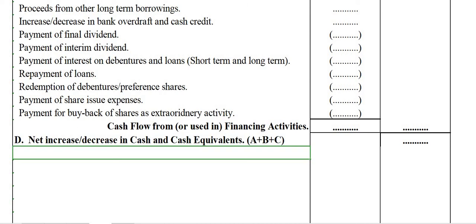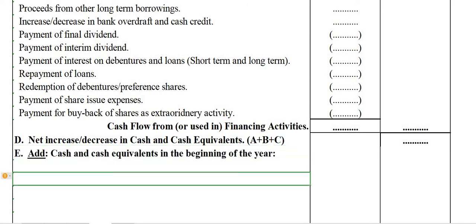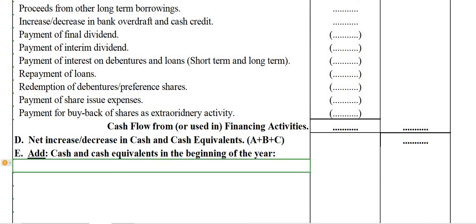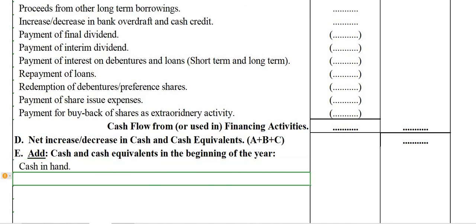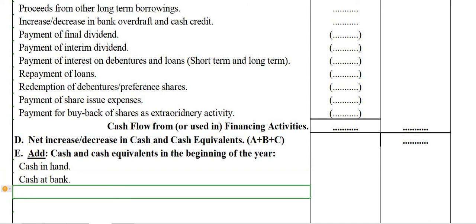Then to this, we have to add back the opening balance of cash and cash equivalent. Add cash and cash equivalent in the beginning of the year. What are the cash and cash equivalent? Cash items are cash in hand, then cash at bank, then after that short-term deposits.